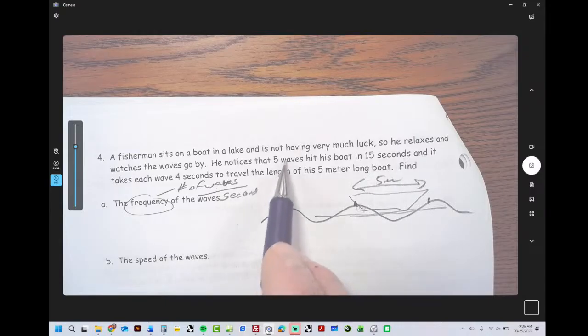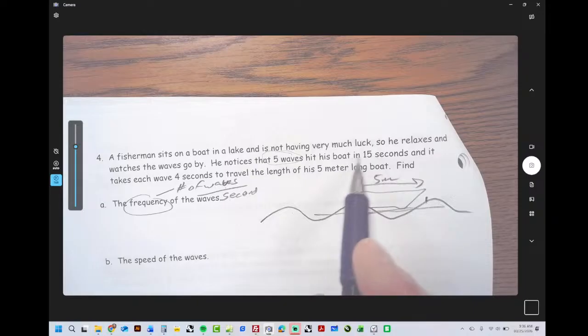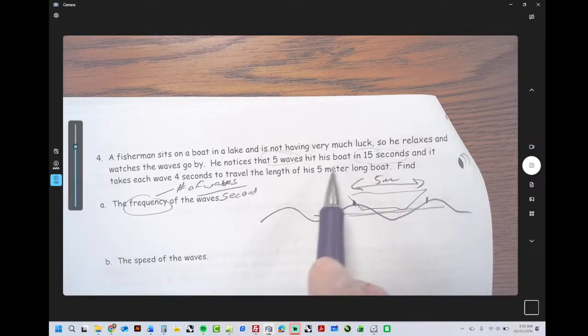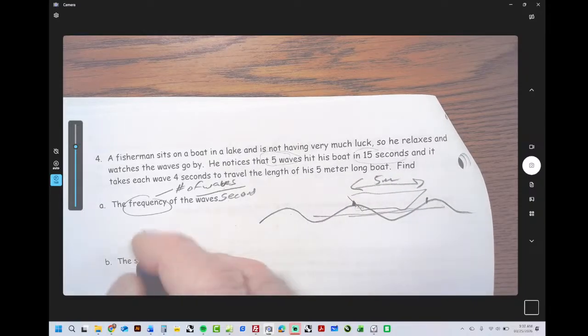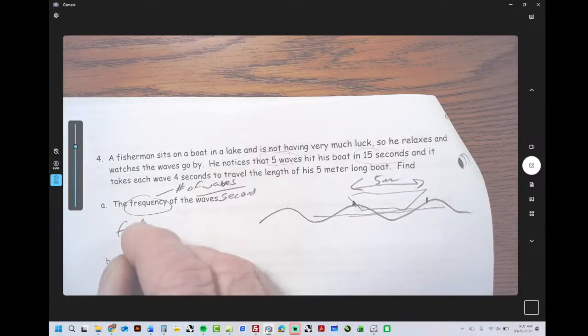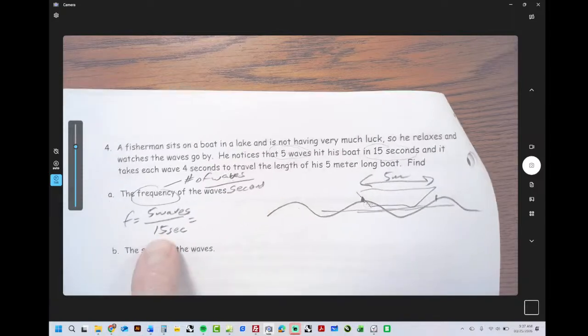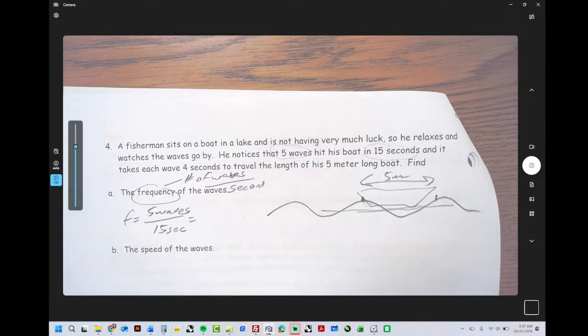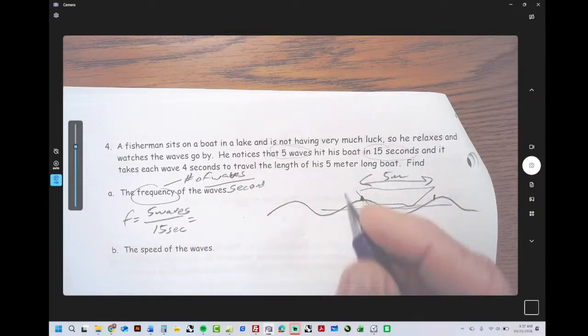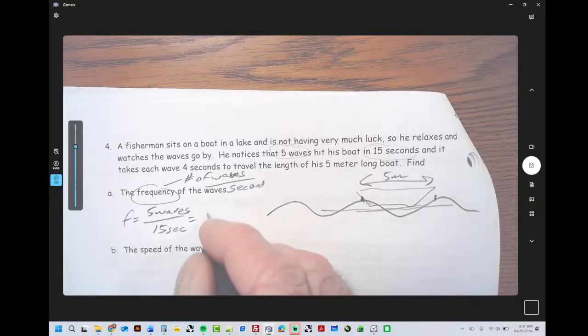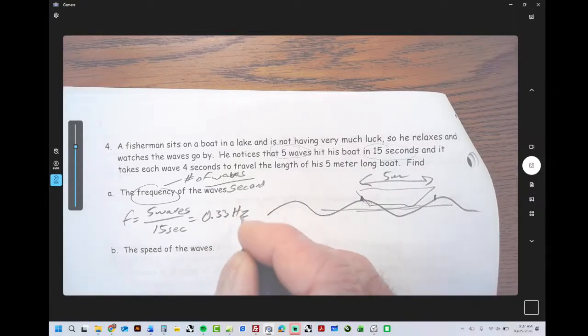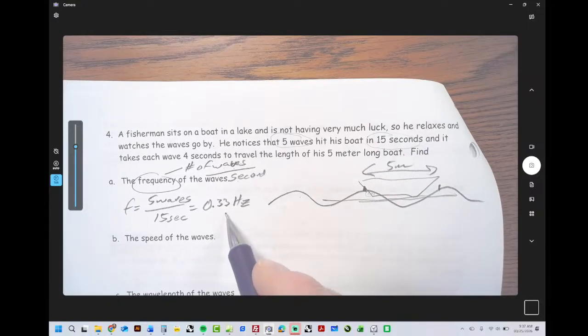In here we've got 5 waves hit the boat in 15 seconds. 5 divided by 15. So the frequency is 5 waves per 15 seconds. If you do 5 divided by 15, that's a third, or 0.33. 0.33 hertz, so a third of a wave per second.